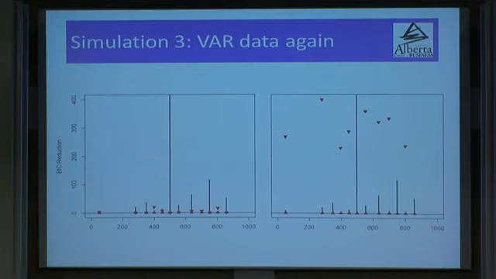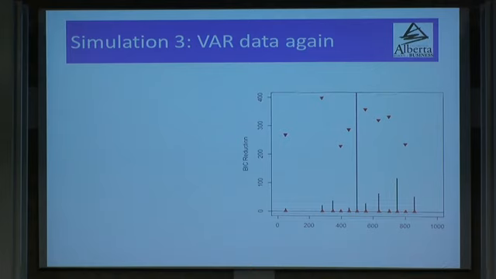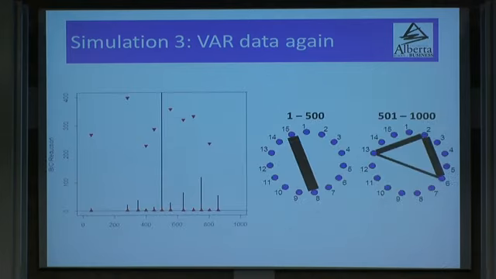When we do that using the stationary bootstrap, you see that all these false positives are now comfortably within the 95% confidence bands generated by the stationary bootstrap. So all we have now is one significant change point at time point 500, and when we estimate the graph for that, you can see that it estimates the correct connectivity structure.